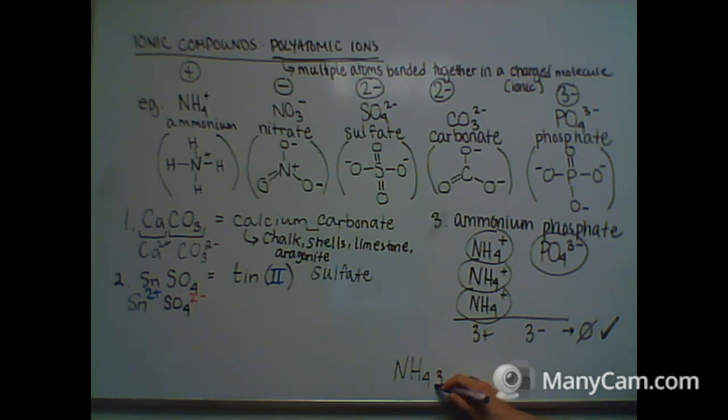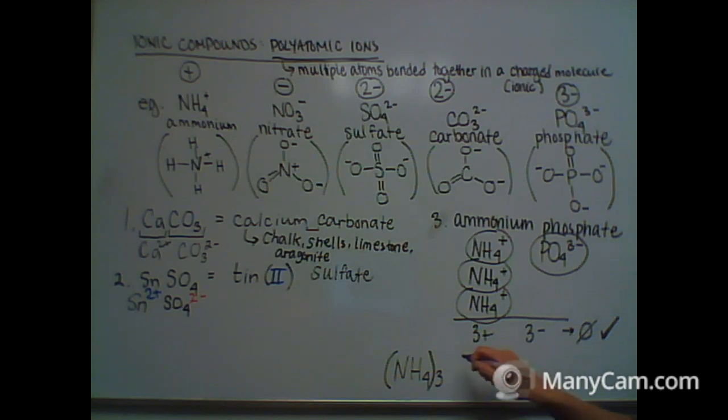Hold on. What do we do in this case? If we say that there are 3 ammoniums, this looks like there's actually 43 hydrogens, doesn't it? So, a really important thing to remember about polyatomic ions is that if there's more than one of them, we have to use parentheses around the polyatomic ion so that this little number applies to the entire thing and not just to the single atom before it.